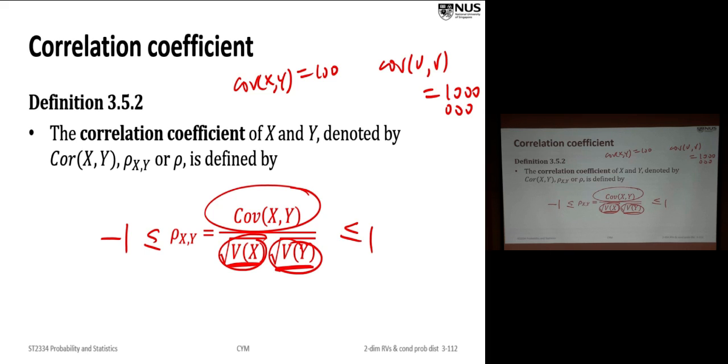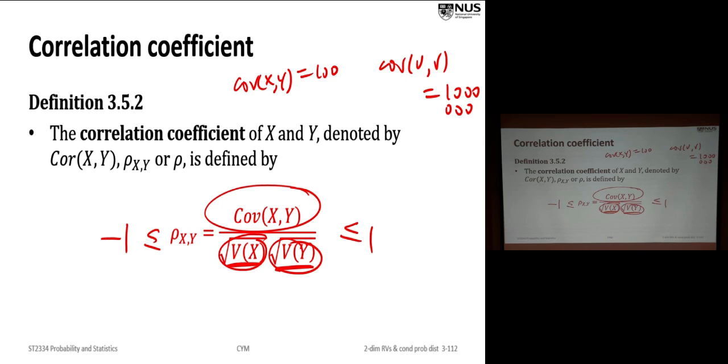Let me repeat it. Covariance of x and y only tells you how they behave, whether they go in the same direction or in the opposite direction. But it does not tell you how strong the relationship between x and y is, because the magnitude depends on the values of x and y, the two random variables.